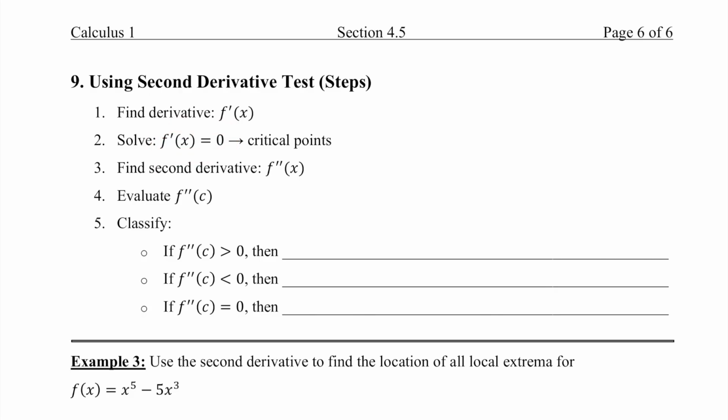Step 3. Find the second derivative, f double prime of x. Step 4. Evaluate f double prime of c. This means we want to find the function values at each critical point we found in step 2. And step 5. If f double prime of c is greater than 0, then the function has a local minimum at c.